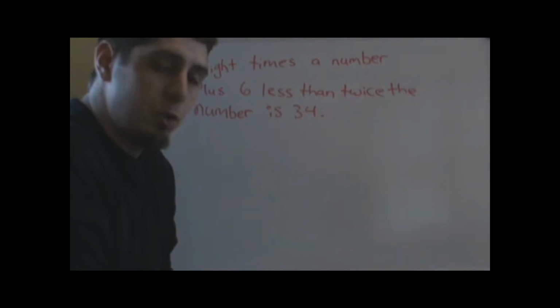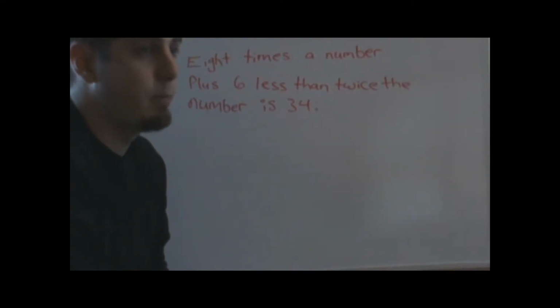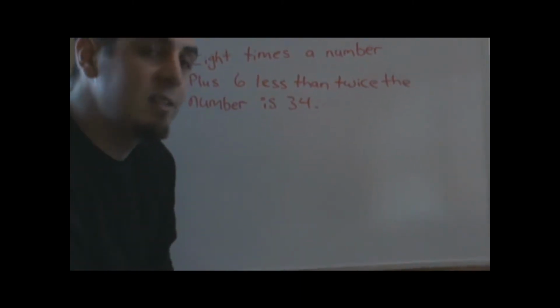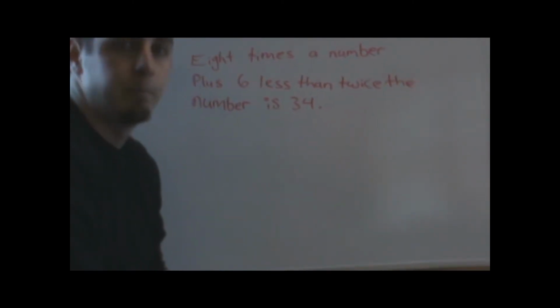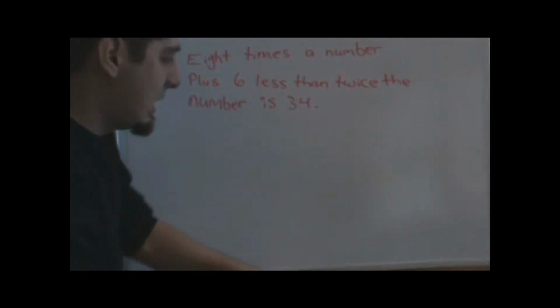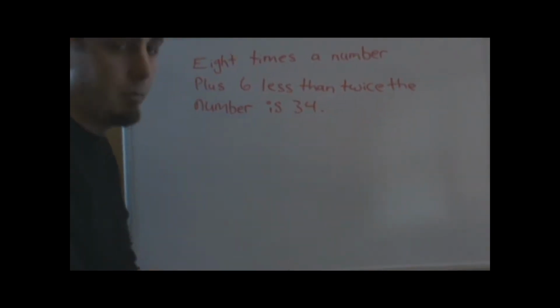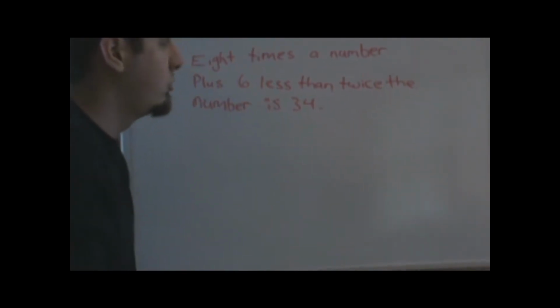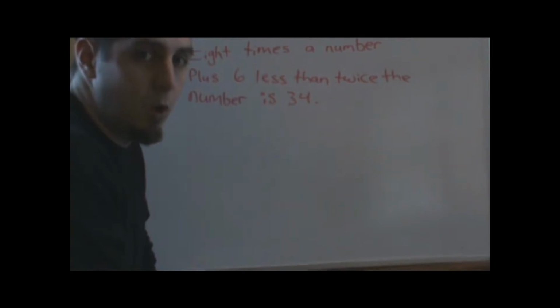As for multiplication, you'll see the word times, multiply, and product. You also might see twice, which means 2 times. It might say something like twice a number or twice the number, and that is implying 2 times a number. And a number is implying a variable, so n, x, a, b, whatever letter you want to choose.